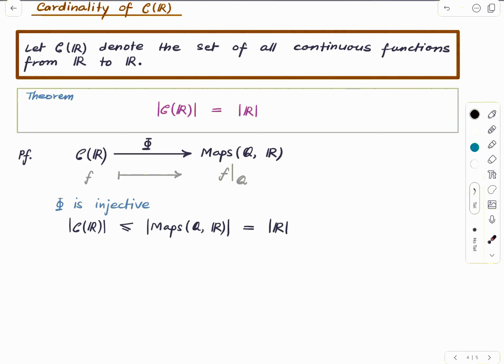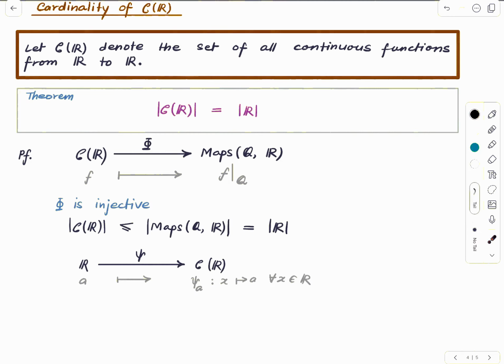So now the point is to show that this is at least the same as that of real numbers. But that is obvious because the constant functions are continuous. So for the reverse direction, if you want to be completely formal, define this map, call it psi, and it takes a real number a to psi sub a, where psi sub a takes everything to a.